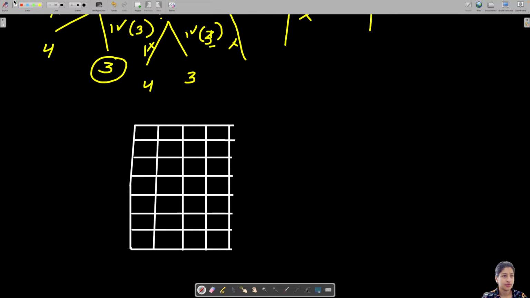Let me write it. You've got the maximum capacity you could fill in the knapsack, which is 4. So based on that, I have taken 0 here, index 1, index 2, index 3.